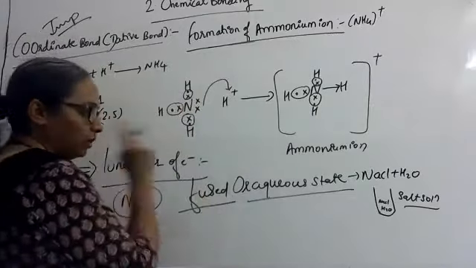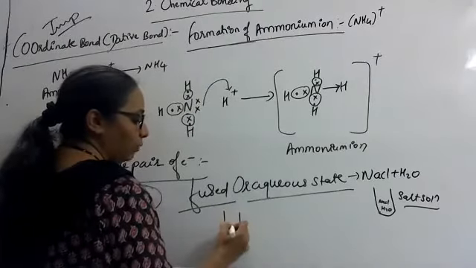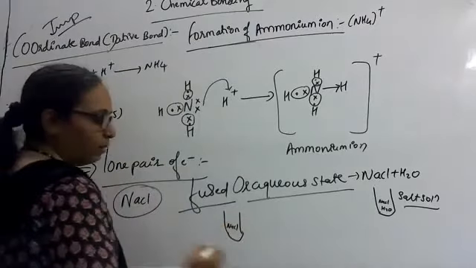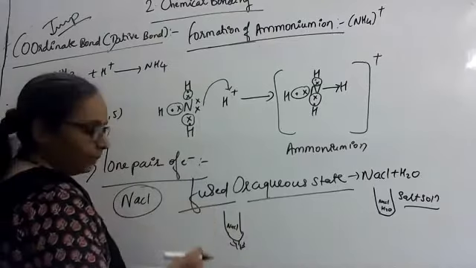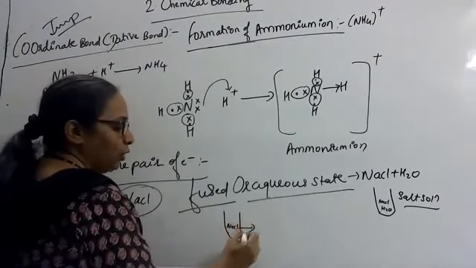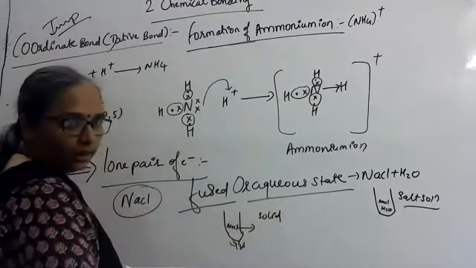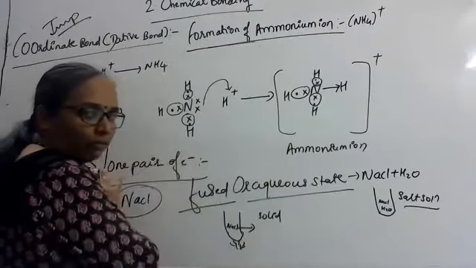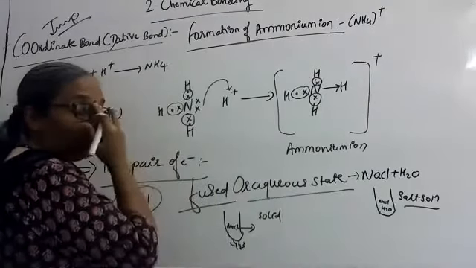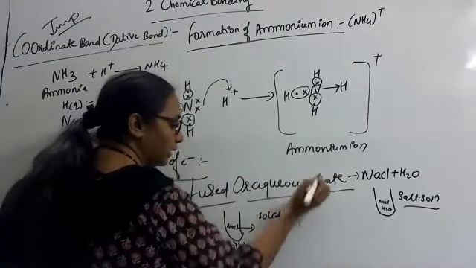What do you mean by fused state? Fused state का meaning है you have to take a test tube. In this you have to add NaCl, that is sodium chloride, और उसको हीट करना है डायरेक्टली. तो ये जो सोडियम क्लोराइड है इनिशियली वो कौन सी स्टेट में होता है? सॉलिड स्टेट में. जब आप उसको हीट करोगे विदाउट वाटर, just sodium chloride you have to heat it, so it becomes the molten state.